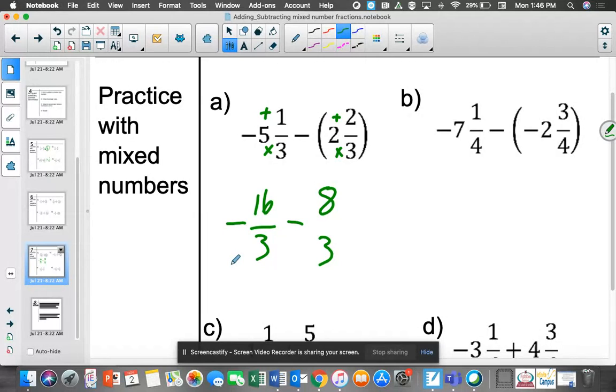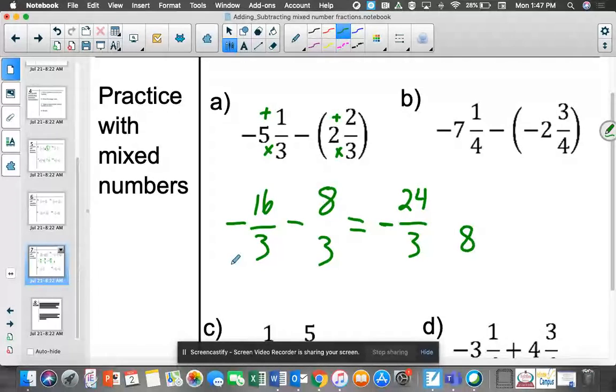So now I'm going negative 16, and I'm subtracting 8. So I subtract more, which is going to end up being a negative. So I'll have negative 24 over, I bring the same denominator, 3. So I'm going to change this into a mixed number. So how many times can 3 go into 24? 3 can go into 24 8 times.